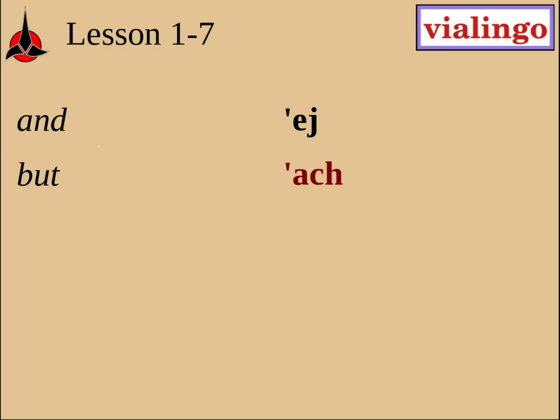Arch. What is the English for arch? But. For edge. And. How do you say in Klingon, but? Arch. And. Edge.